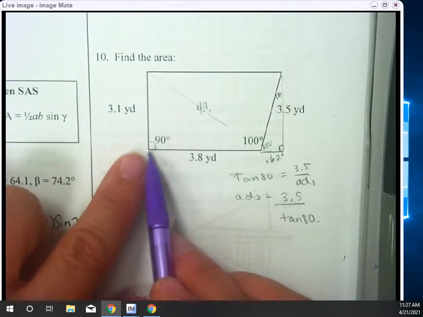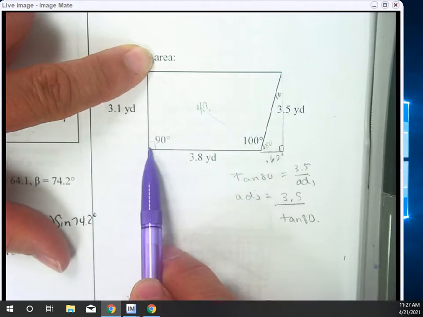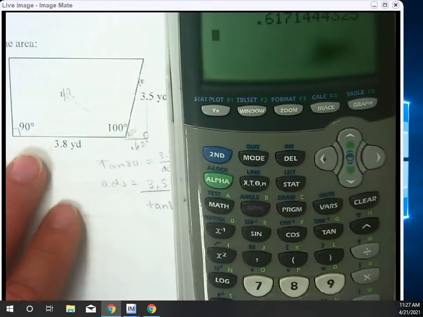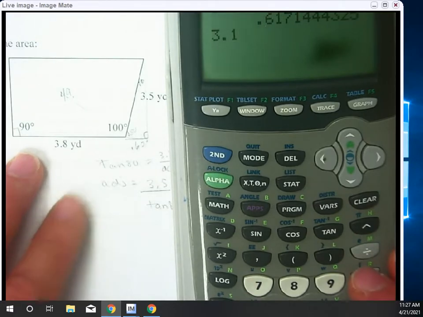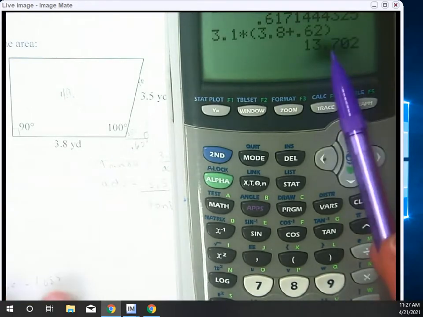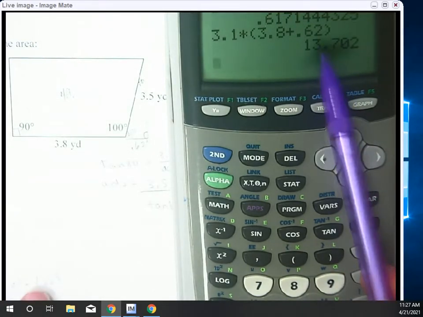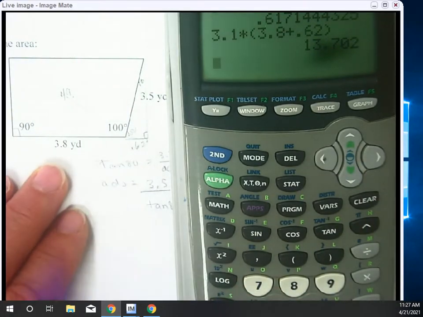Then I have this length times this height. 3.1 times 3.8 plus 0.62, and that gives me the 13.7, which is this whole thing. Are you okay with that?